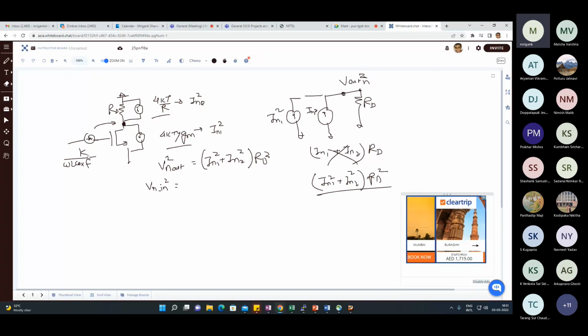To transform this into an equivalent current, we multiply it by Gm square, and it comes as another independent source in parallel with that. Then you multiply by RD square to get the output noise voltage contribution. But this is a frequency dependent spectral density, so this will give you the 1 upon f frequency dependency. This is the analysis shown in that lecture.